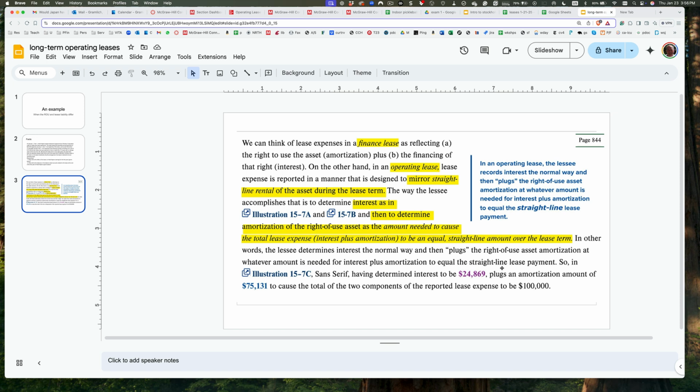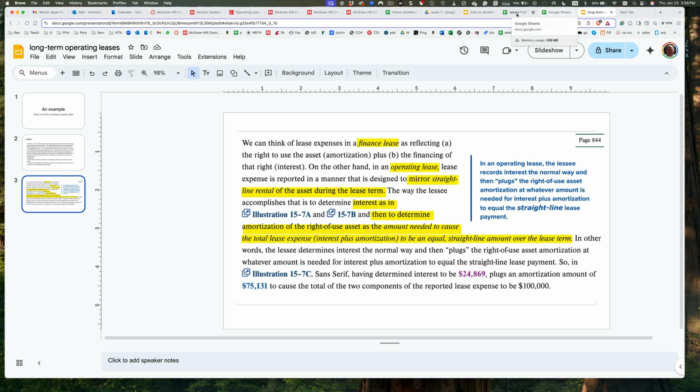So all we're doing is making that amortization equal to whatever's necessary to get to the total expense on the lease, being the straight line normal rent expense.